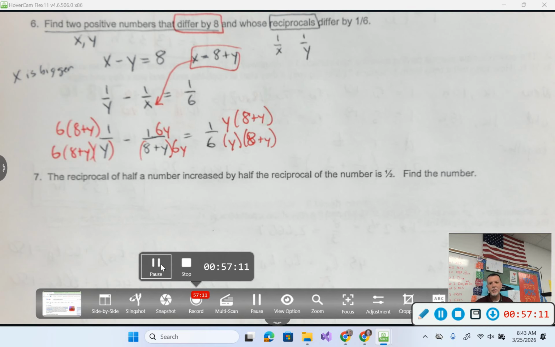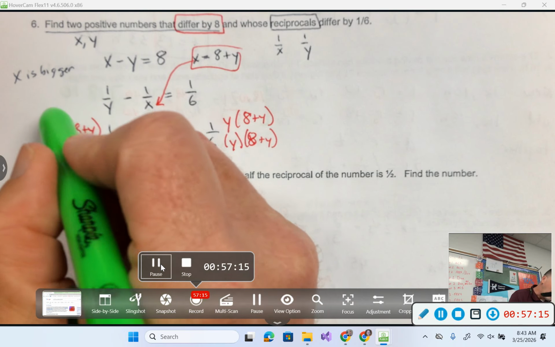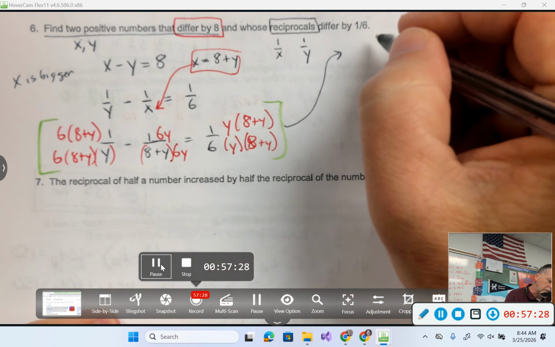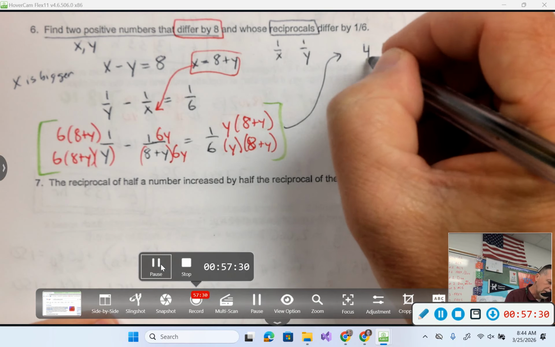But the next step is the best step. What are we doing next? Yeah, we're canceling all the denominators. What allows us to cancel all the denominators? OCD. We're going to multiply through by the OCD. But you're right, we've done this enough times that we're just going to cancel all the denominators.